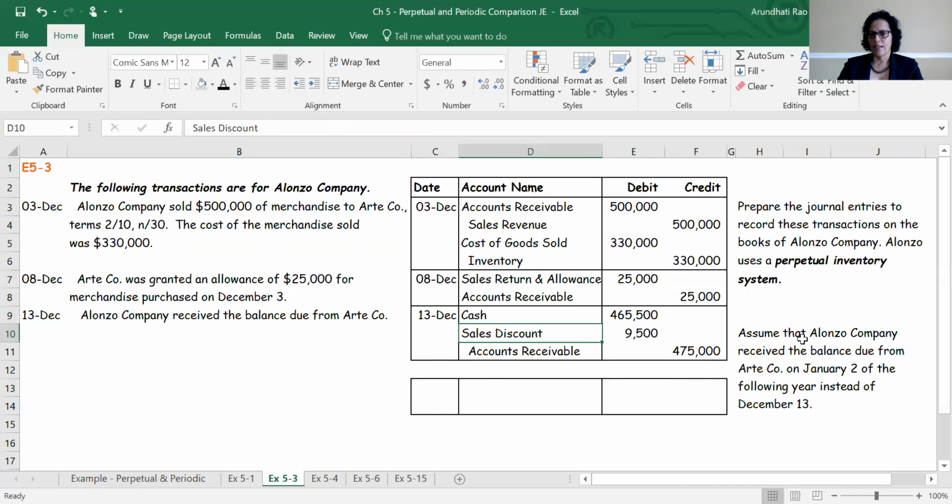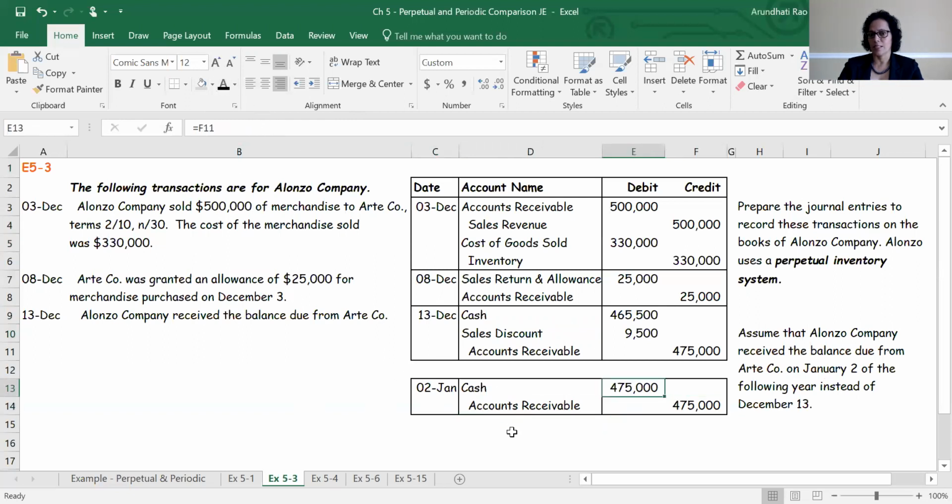On part B, they're telling us, assume that the balance was received on Jan 9 instead of December 13th, which means the customer decided to take the full 30 days to make the payment. Fairly straightforward journal entry. Cash debit, accounts receivable credit. How much was owed to me? 475. How much did they pay me? 475.